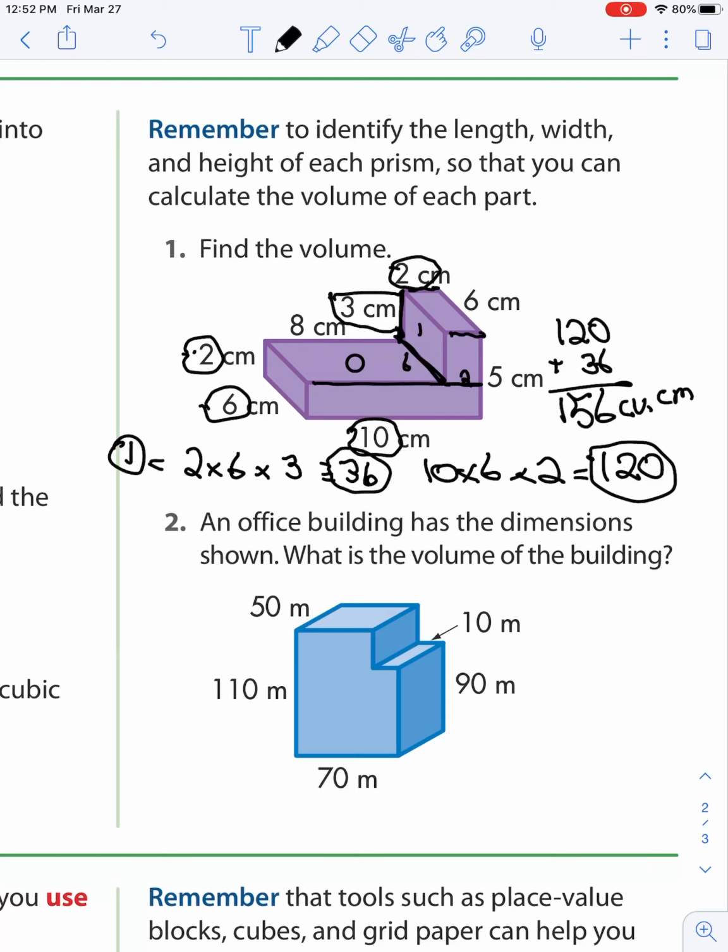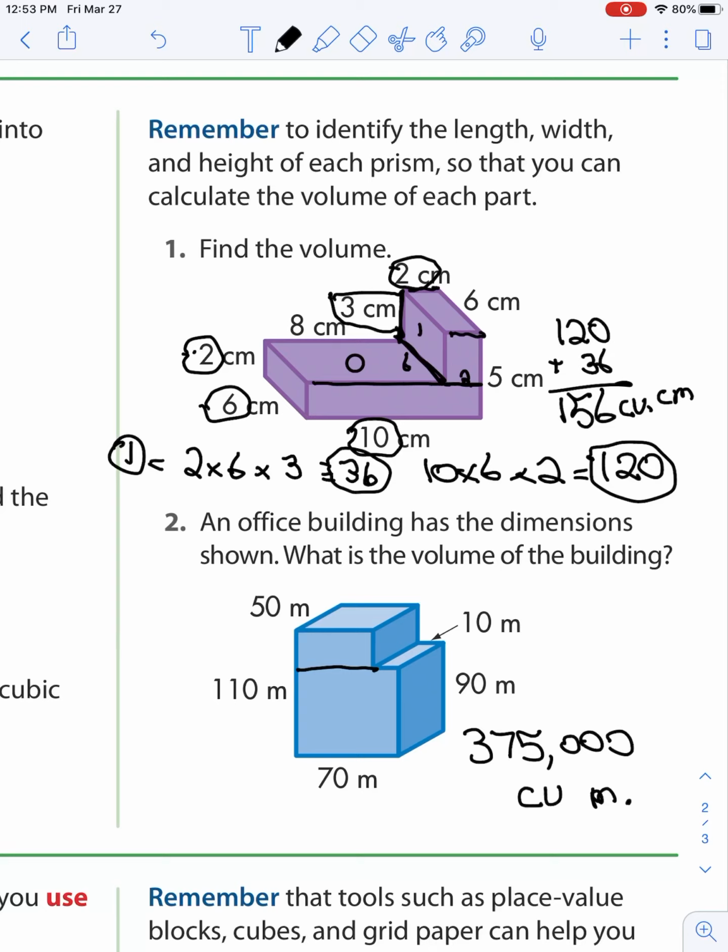The second one, in which you will come up with the volume, I'm just going to go ahead and put the total is going to be 375,000 cubic meters. There's a couple ways you could have done this. You could have done this by separating into 2 rectangular prisms.